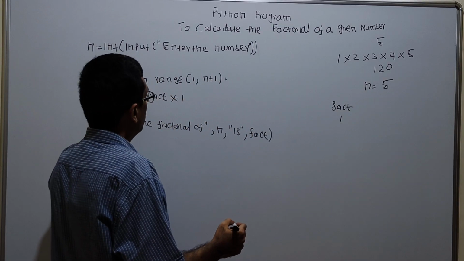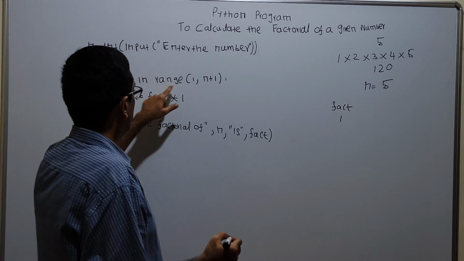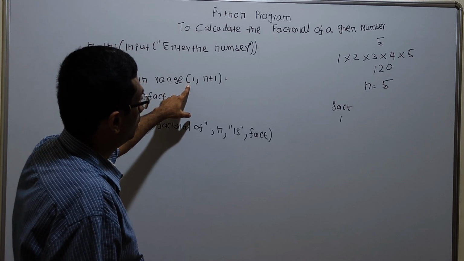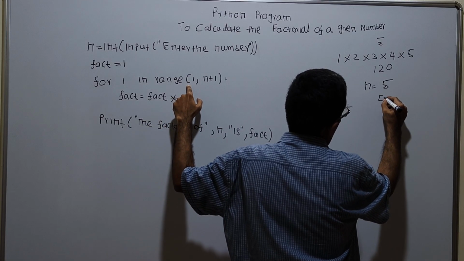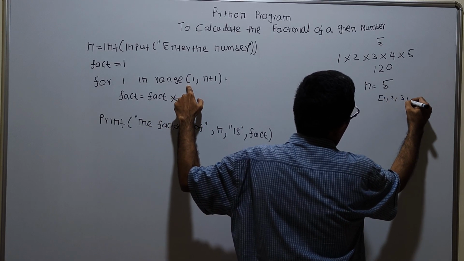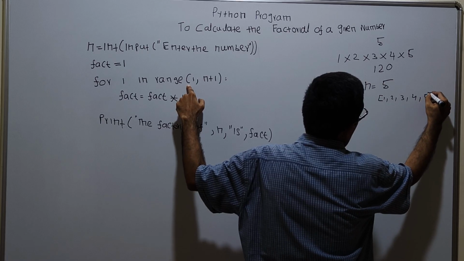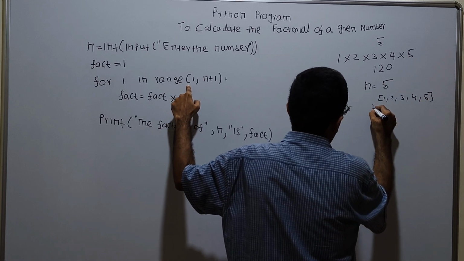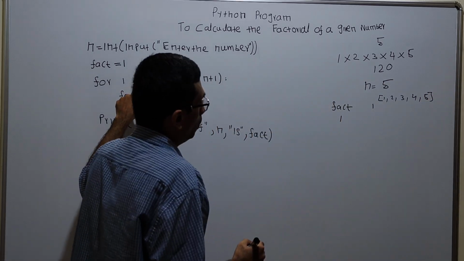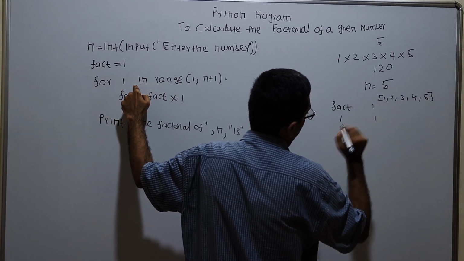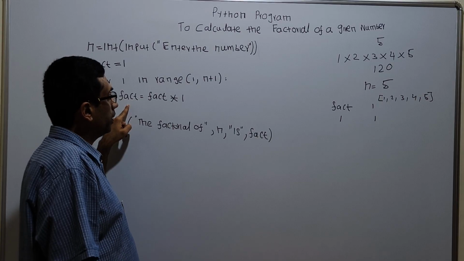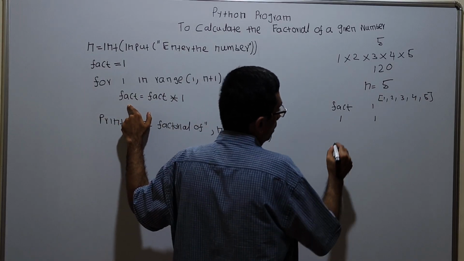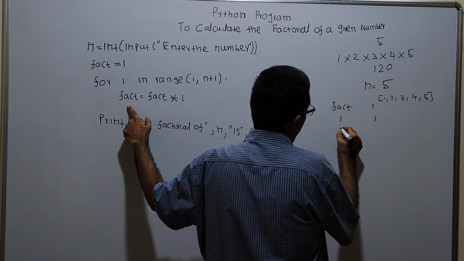The sequence is generated here using the range function, that is 1 to 5: 1, 2, 3, 4 and 5. i will take the value 1 first in the first iteration, and it will calculate fact equal to fact star i. That means 1 into 1, so fact gets the value 1.